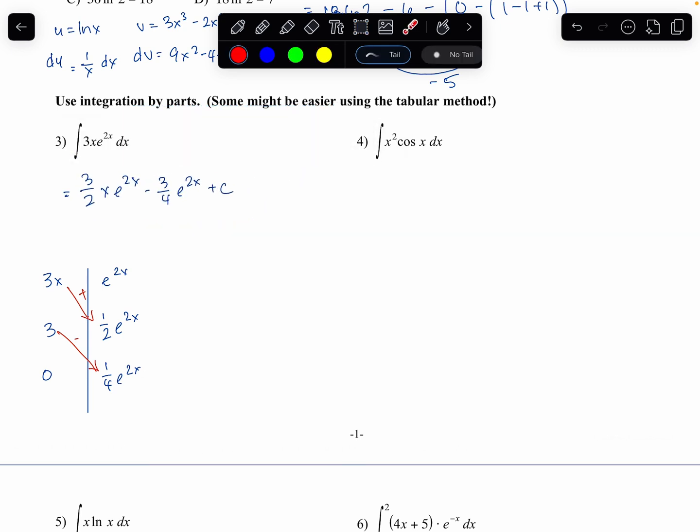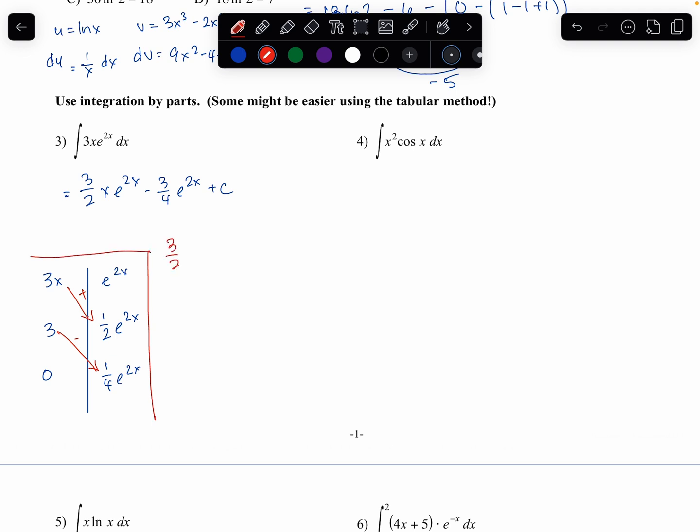If you need to check, remember that you can do the derivative here and it should come out. Just make sure that you use the product rule on this piece right here. But yeah, it should come out to be that right there. Should I check it? Sure, let's do a quick check.